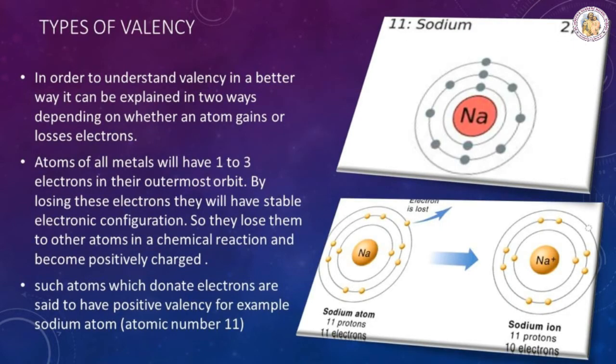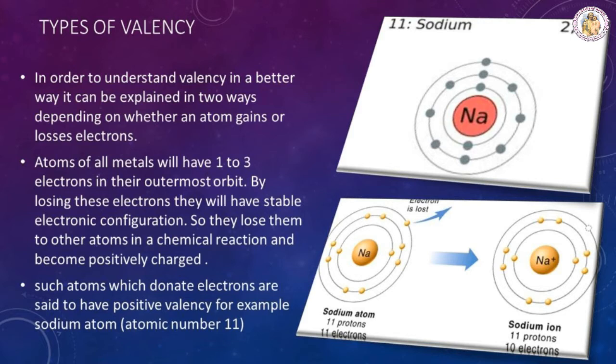Types of valency. As we saw earlier, an atom will either gain or lose electrons in order to attain the stable electronic configuration. In order to understand valency in a better way, it can be explained in two ways depending on whether an atom gains or loses electrons.